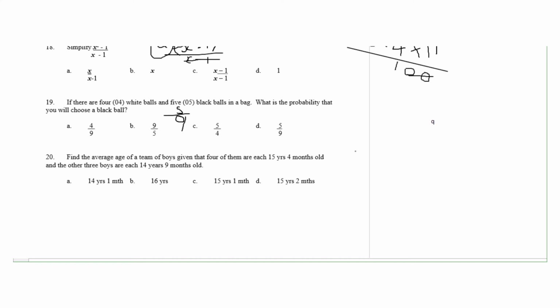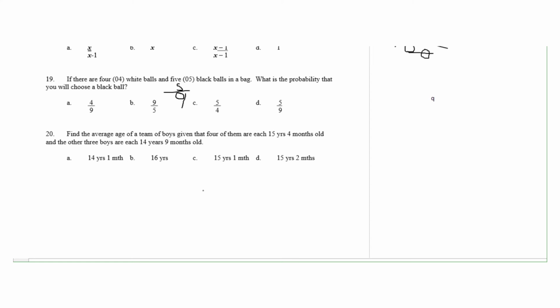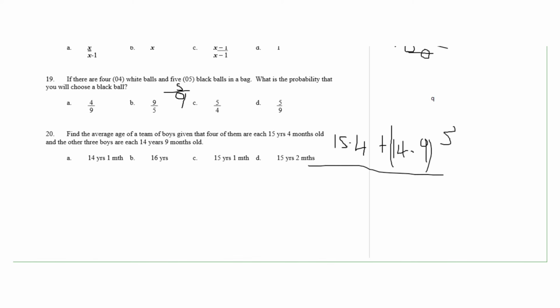And question 20 says find the average age of a team of boys. So it's 15.4, plus you have other boys that are 40.9 multiplied by 3, on the total adjustments.